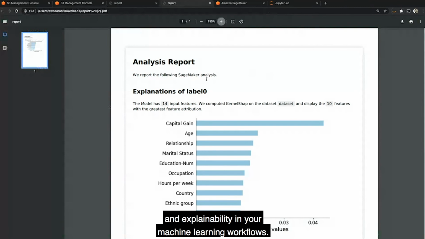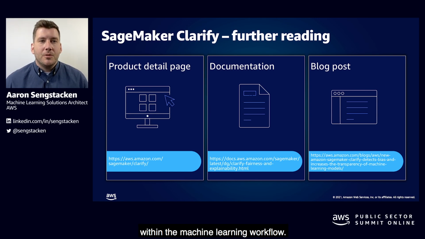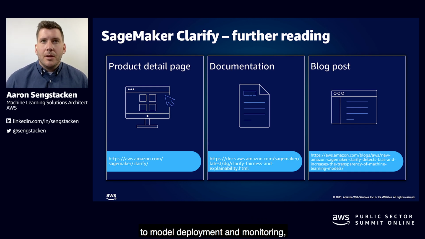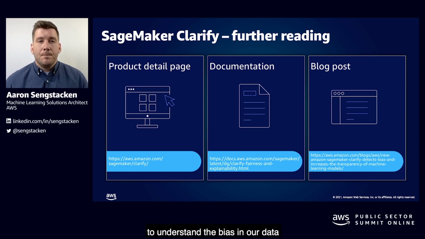So to recap, we've discussed how monitoring for bias is a critical task within the machine learning workflow. From data preparation to model deployment and monitoring, recall that machine learning training has the opportunity to amplify bias. And it's important as a machine learning practitioner to understand the bias in the data that we're using to train the model and also in the trained models themselves.